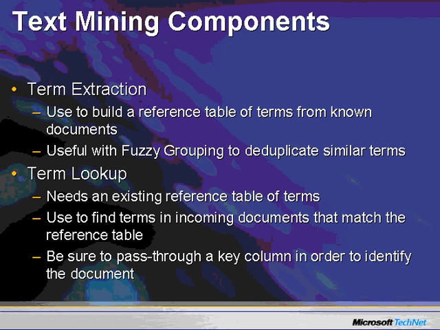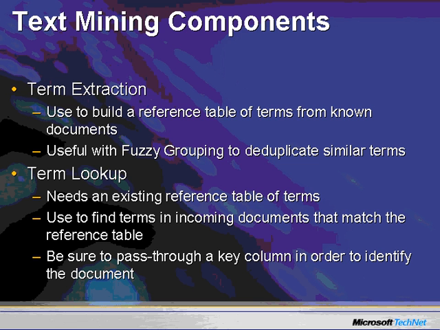Now in the future, you would be able to compare incoming resumes with those reference terms. You can also use some of our other components, such as Fuzzy Grouping, to deduplicate items. So you might want to deduplicate bicycle and bicycles, or mountain bike and perhaps some misspelling of mountain bike that might be hidden in one of the documents.